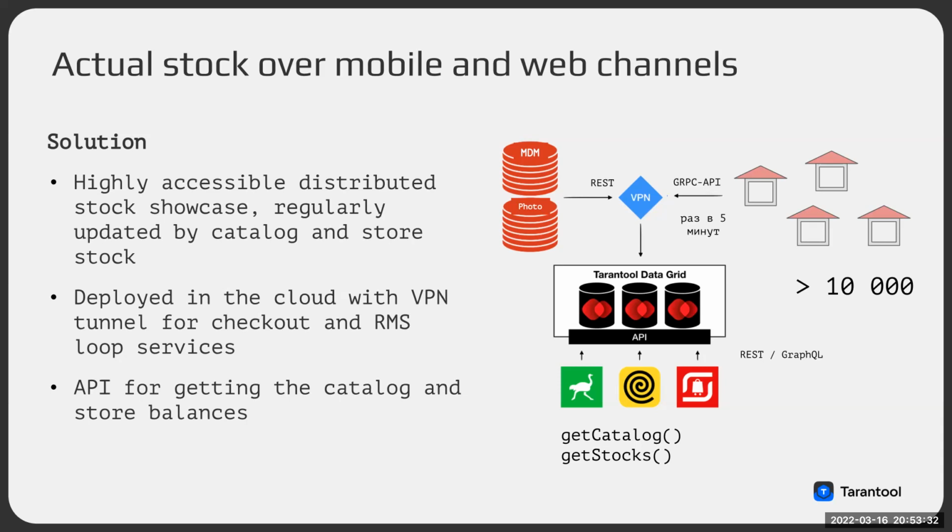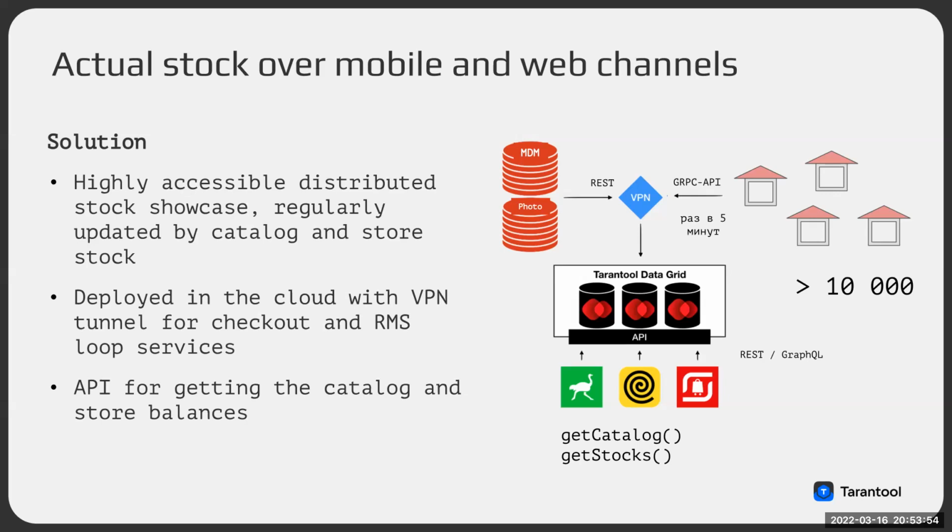What we did was we deployed a parental data mart, a distributed data mart, for two types of objects: catalog and balances. For the catalog, we update it once per day from the centralized master data storages.